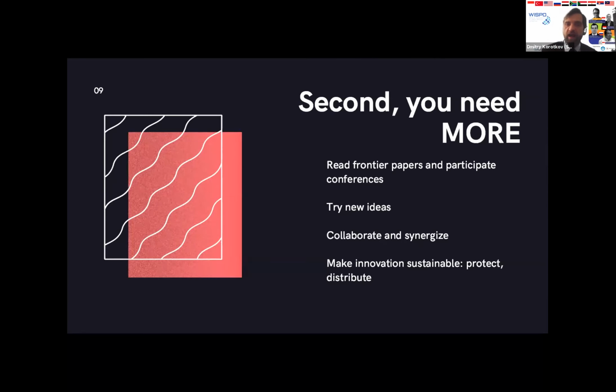One way is published papers. Make the results of your work available for the community and other parties. So publish papers, make presentations, and distribute your results. Otherwise, everything will go to the trash and will be forgotten.